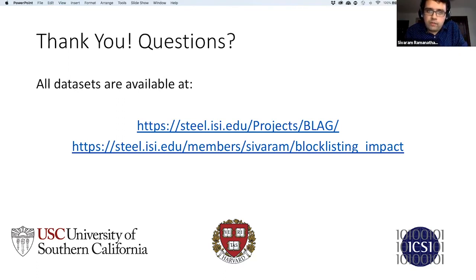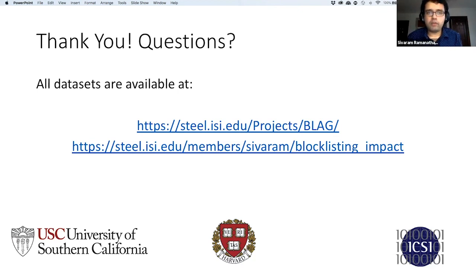Okay, so the question from Drew is: where do you think these hyper-accurate blocklists have the highest impact? So this could be partly answered.